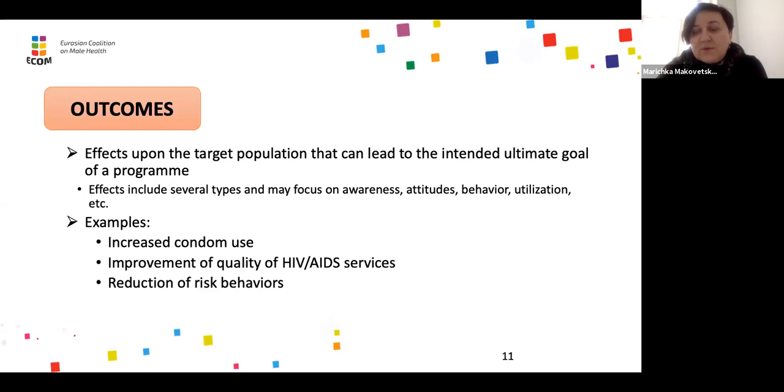So you will prepare and design your activities in the way that you will reach that goal. Or another example: improvement of the quality of HIV/AIDS services in your country or region, or a reduction of risk behavior. Those are examples.